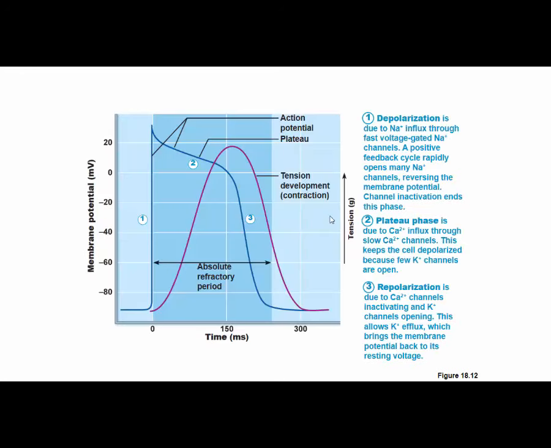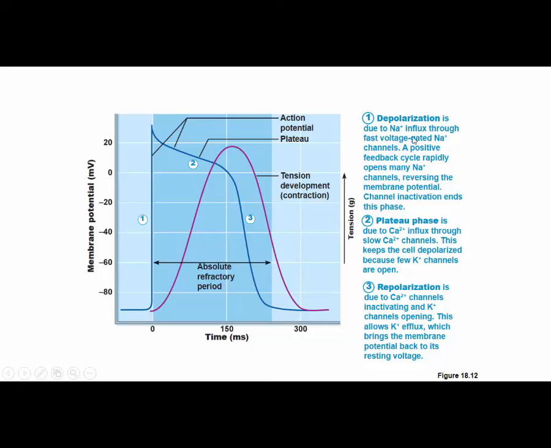So what we find then is we have a stimulus. First of all, you need some stimulus. Some outside stimulus causes sodium to flow in, and once it reaches threshold, we see a rapid depolarization due to sodium. But they're special voltage-gated channels.